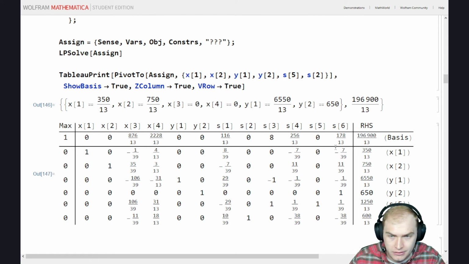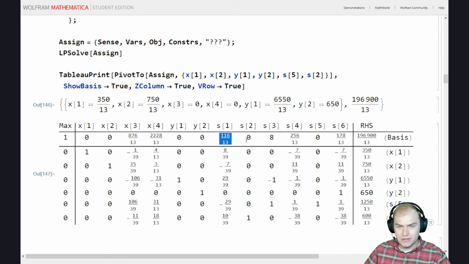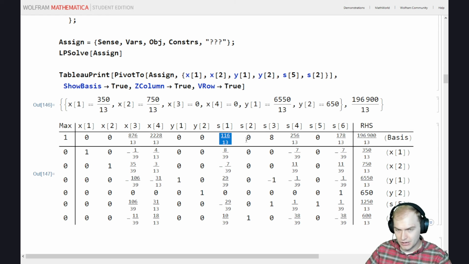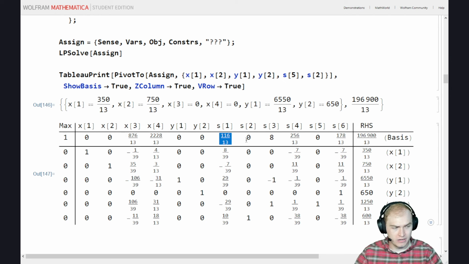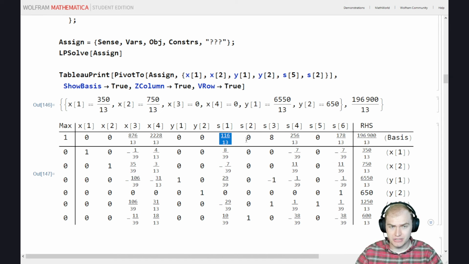But here we see that if I could have a little more of resource 1, which I think is time on machine 1, then I could improve our profit by that much for 1 extra unit of time on machine 1.